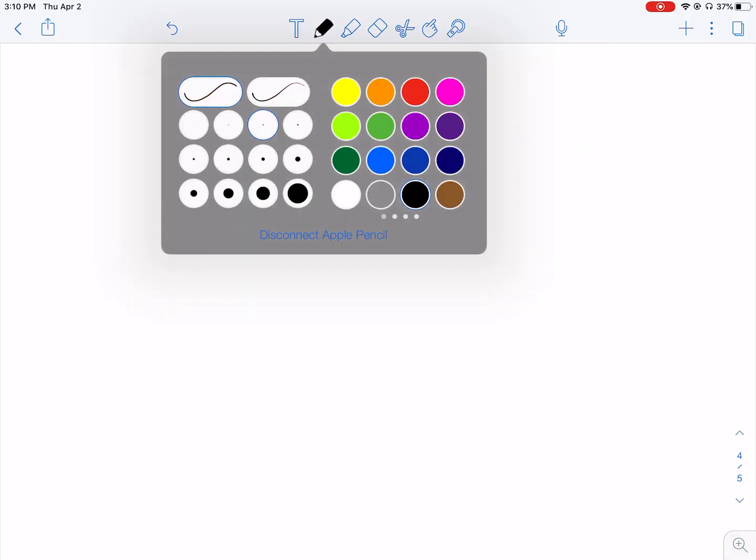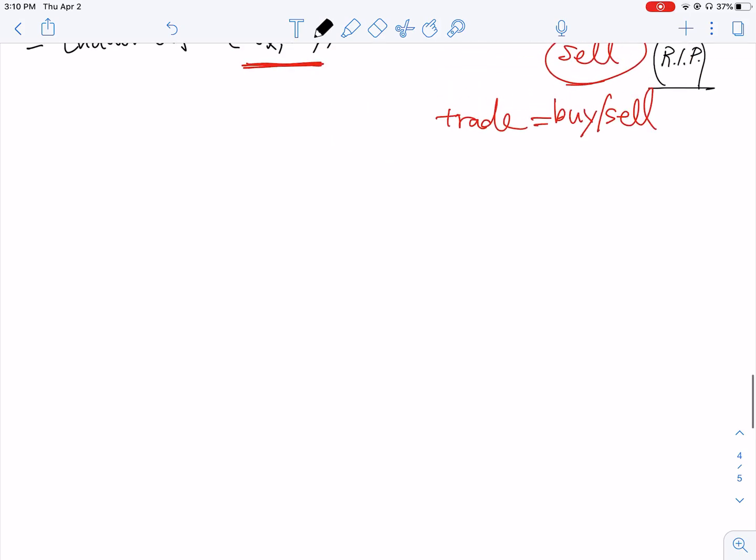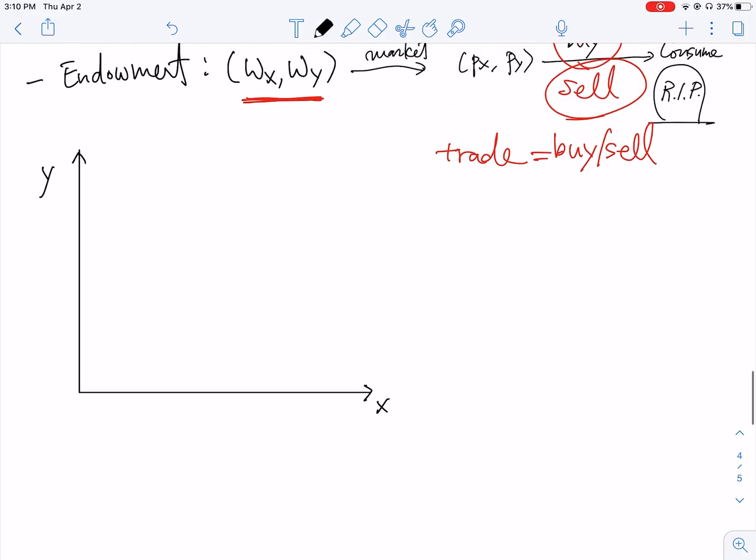So let's see, what does the model look like? Here is good X and good Y. Suppose you're born with 5 units of X and 3 units of Y. This is your endowment.